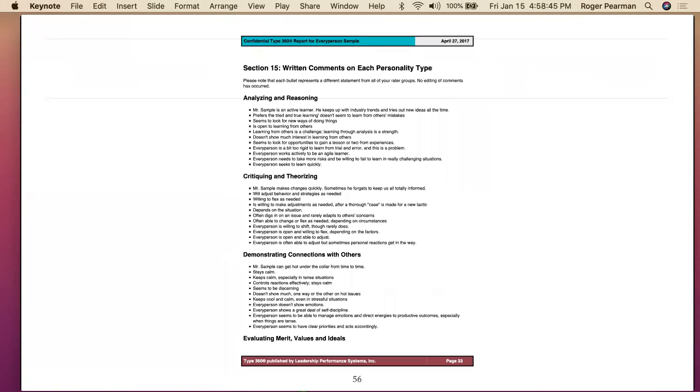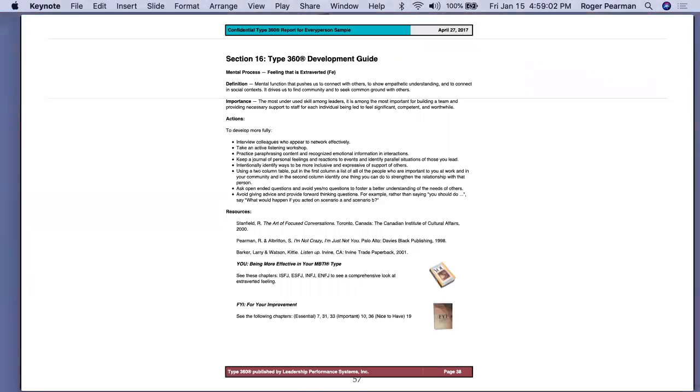And as I mentioned, each report allows for written comments. Those written comments are organized by mental function or organized by leader competency, which is in the detail of each and every report.